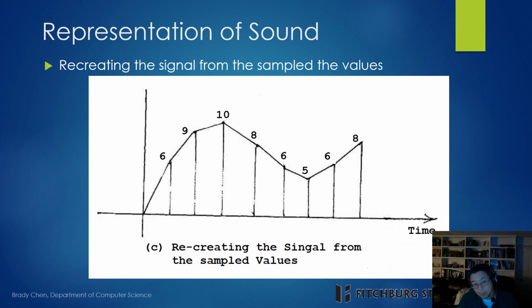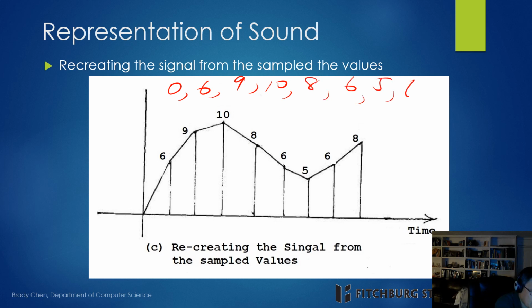Okay, so now suppose the receiving side receives this sequence of 4-bit binary numbers. Then we can easily figure out the corresponding decimal sequence is 0, 6, 9, 10, 8, 6, 5, 6, 8, right? So we know that's the sequence of amplitude in 1 second.